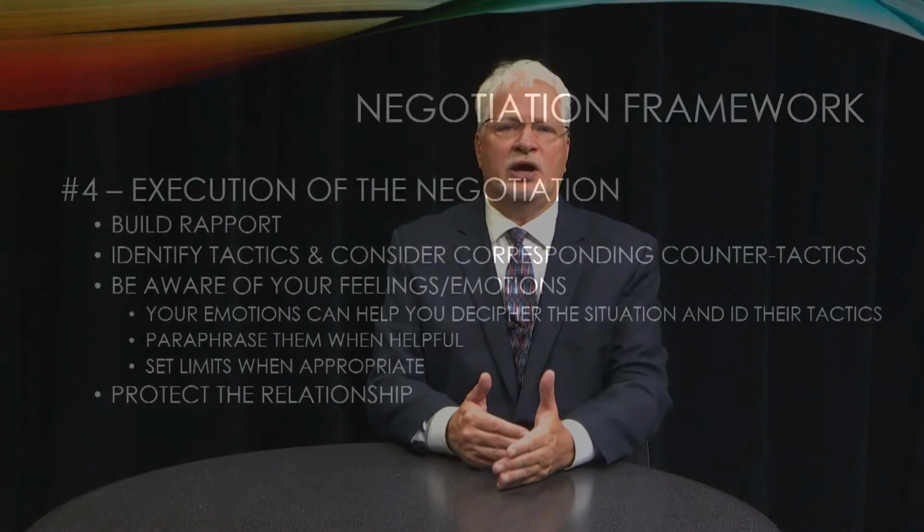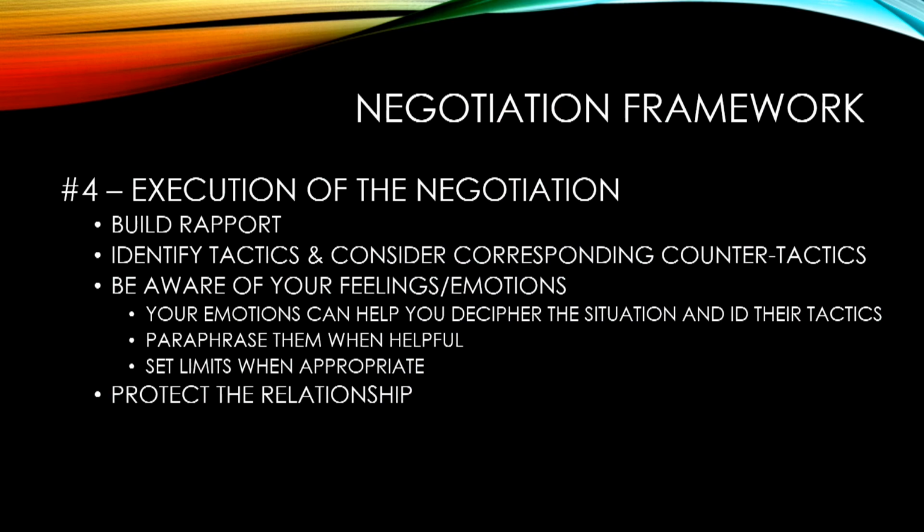So what we looked at here in this fourth section of the negotiating framework is the execution of the negotiation. And in that execution, we took a look at a couple of pieces that are very important. And a final piece in this area is guarding your relationship. Throughout the negotiation, it's very important to continue to guard the relationship because you want the relationship with the other party to be strengthened by the negotiation exercise.